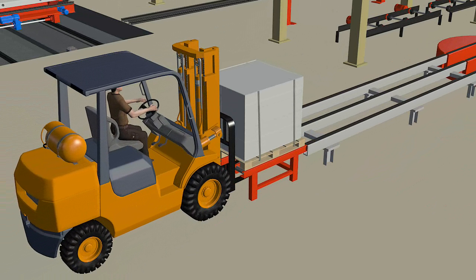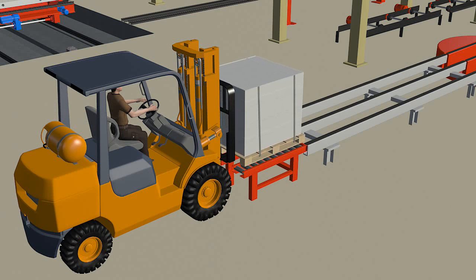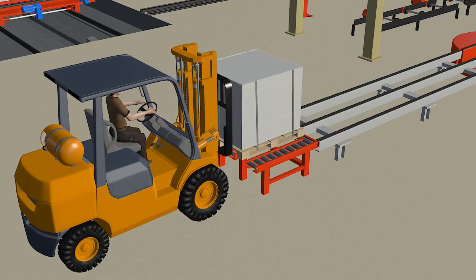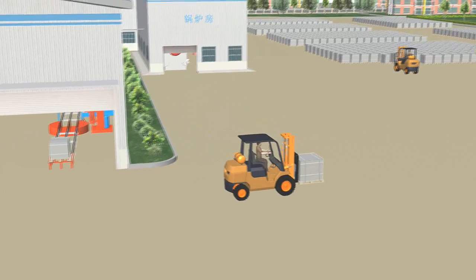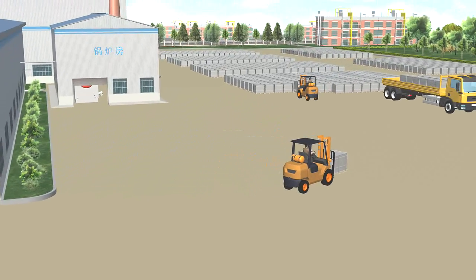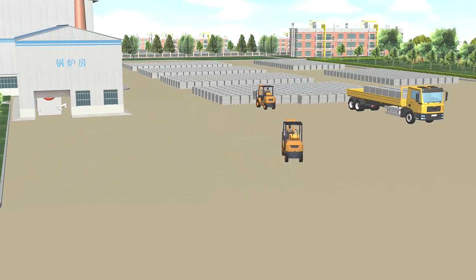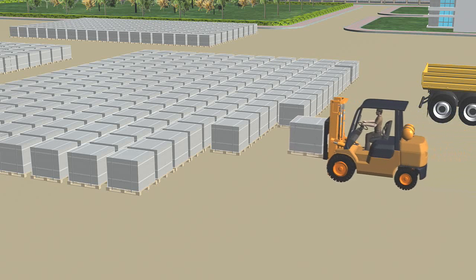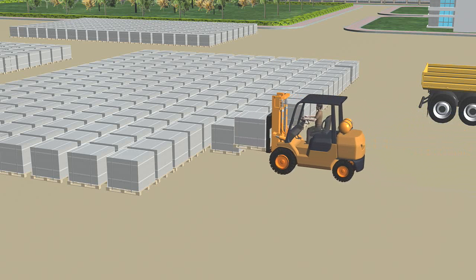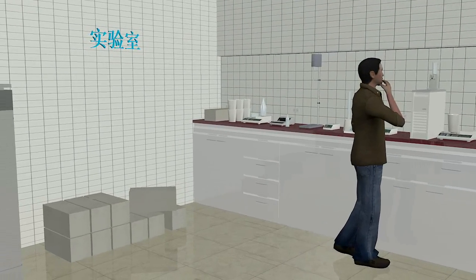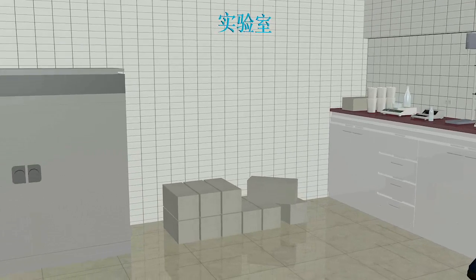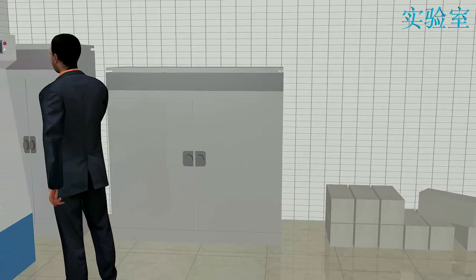The forklift moves the blocks to the storage area of the finished product, according to the specifications. All the raw materials and finished products are inspected and tested in the laboratory.